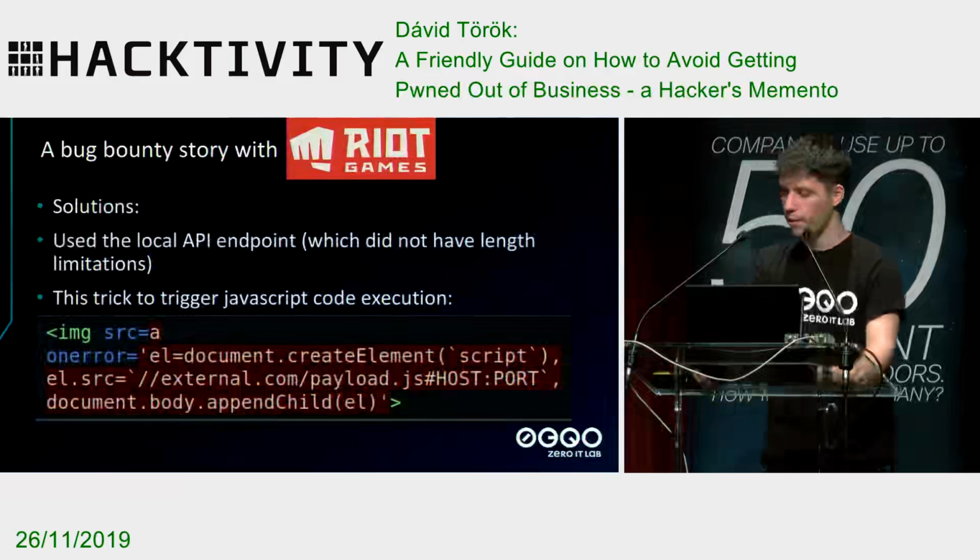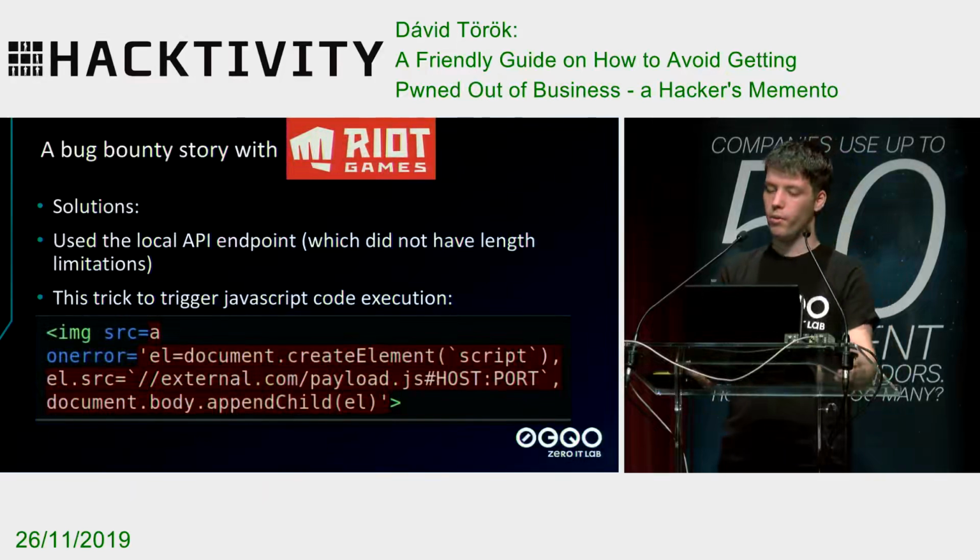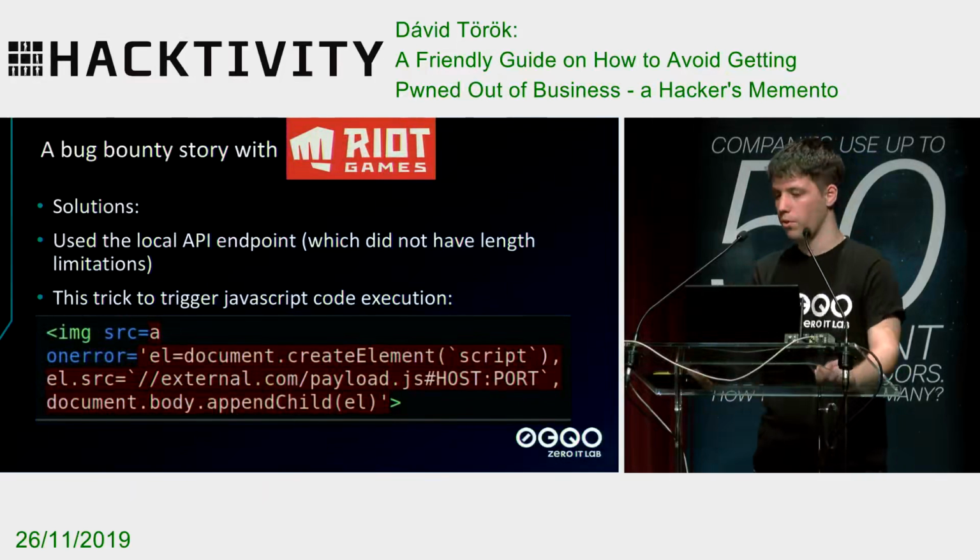Luckily, we were able to overcome both issues. The local API endpoint provided by the C++ microservice did not limit the length. That was only a check on the front end part. So using the local API endpoint, we could push a payload with arbitrary length.